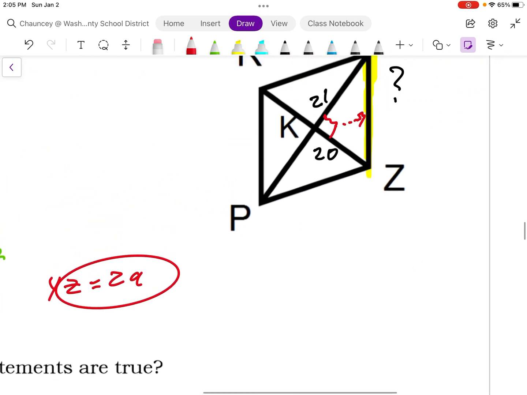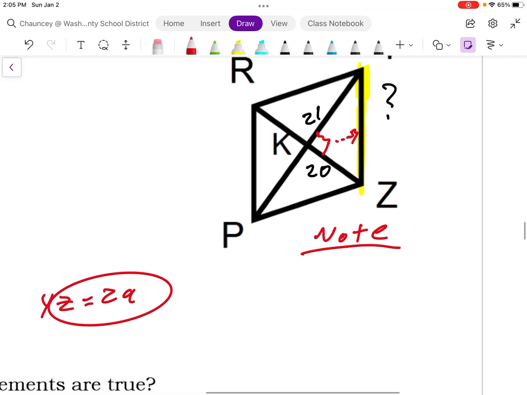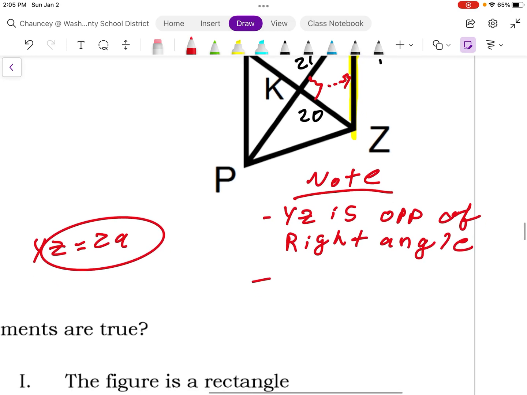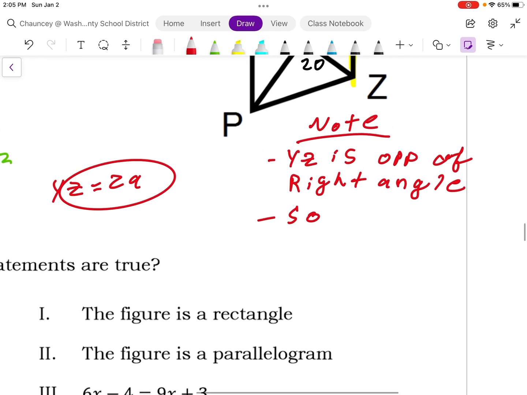So just remember, and something you can note in looking at this, is that YZ is opposite of the right angle. So therefore, it has to be your hypotenuse.